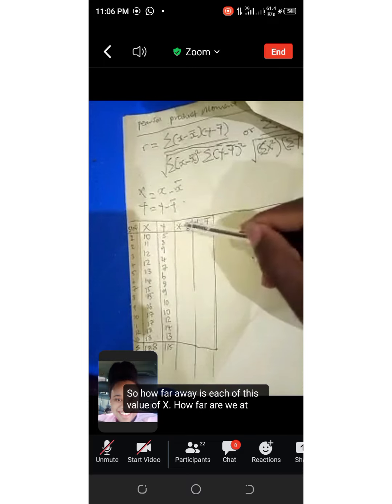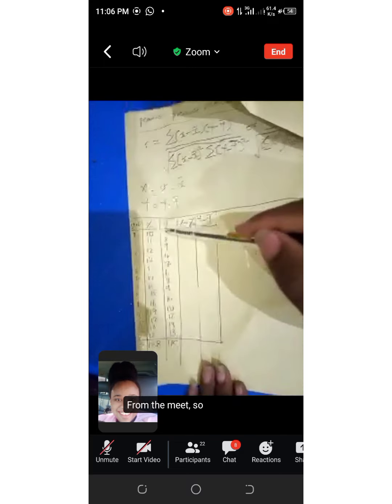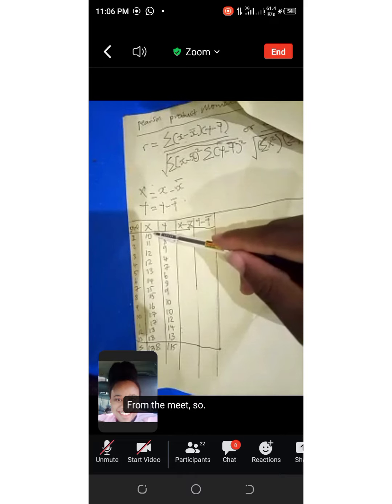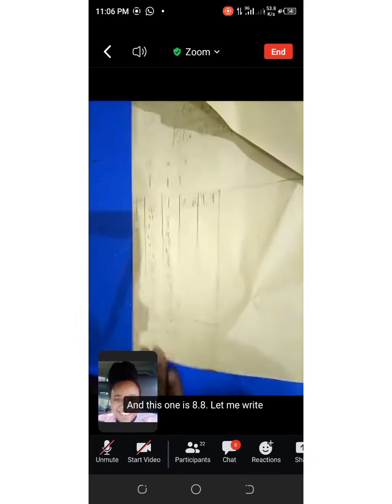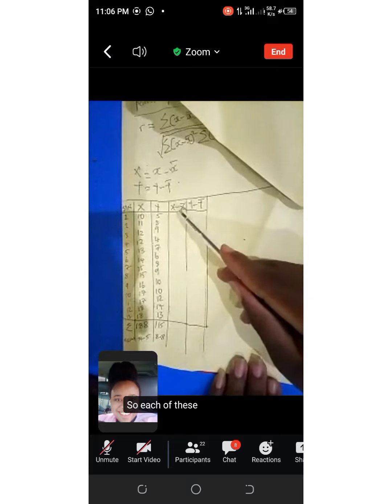What we do here is we pick each of the x values and subtract. Let me write the mean here, under here, so that we know what we are doing: 14.5, and this one is 8.8. So this is their mean. Each of these values of x, we subtract the mean from each of them.